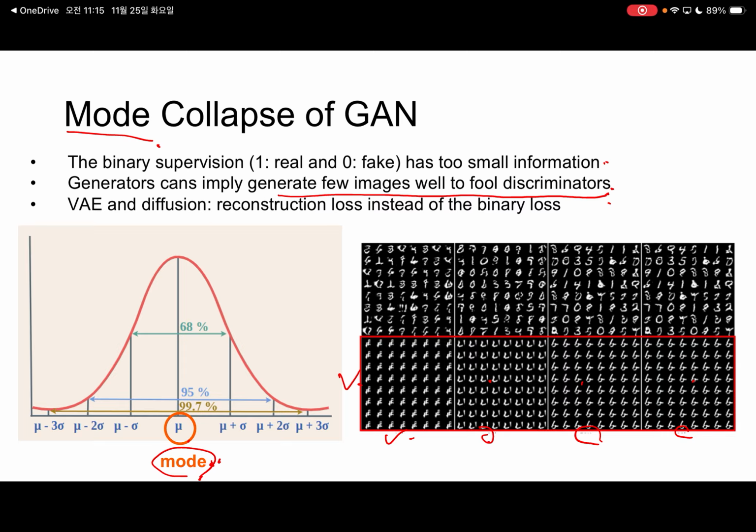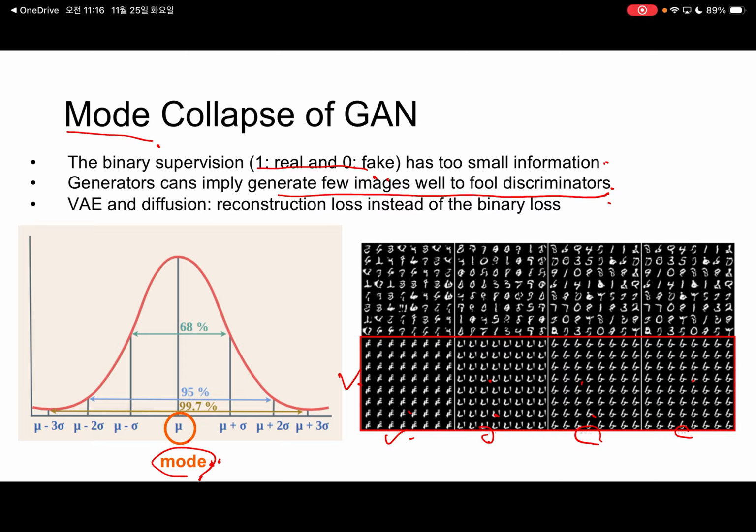We have too little information. In VAE, we have reconstruction loss, we have an explicit target, very detailed guidance, very good gradient. But when training GAN, we have only binary supervision that is too less informative, so even if the generator can produce only a few images well, without generating diverse images, it can still fool the discriminator. Then in terms of the training objective function, there's no problem, right?